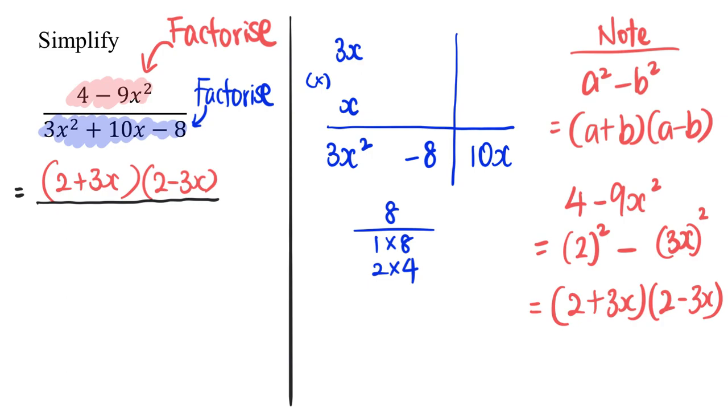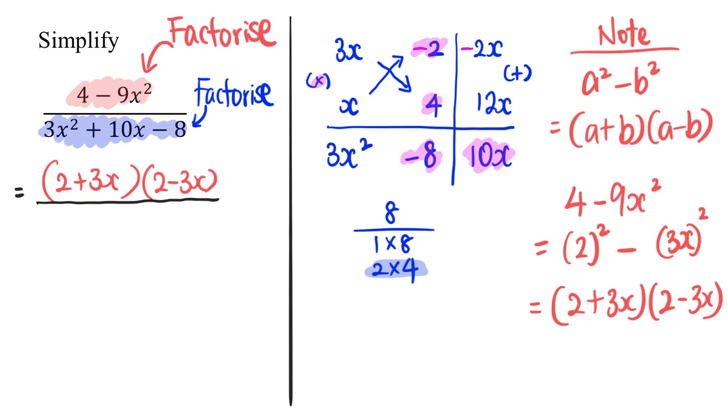And I am going to choose this pair, because 3x times 4 is 12x. X times 2 will be 2x. And in order for me to get my positive, then I will have 12x minus 2x, such that negative 2 times 4 will indeed give me back my negative 8.